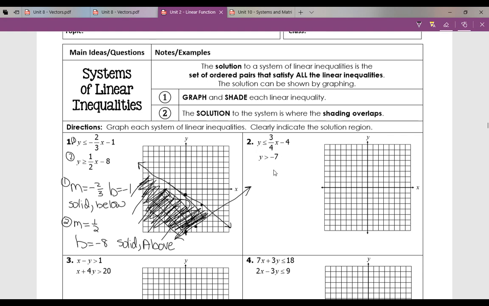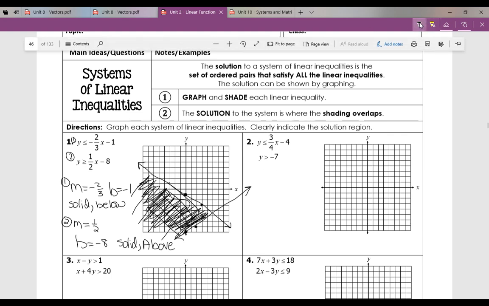Now, I like this one because this is a y-only equation or inequality. Our first one, we are going to have a slope of 3/4. We are going to have a beginning point of -4.